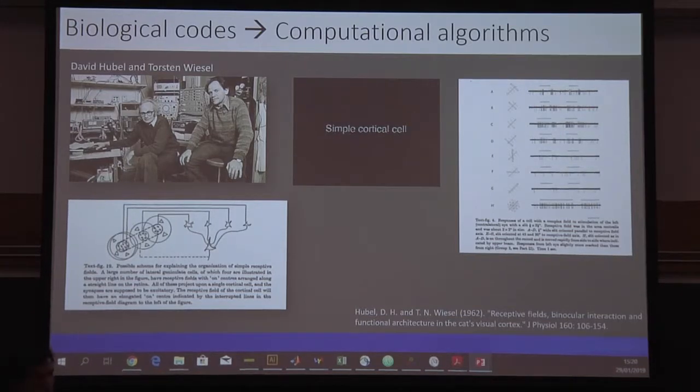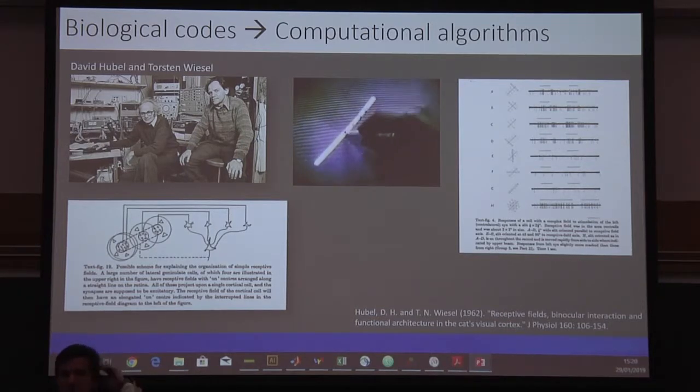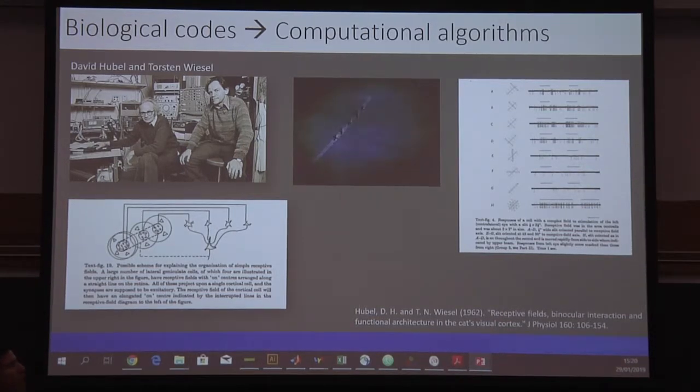So working first with cats, what they did was use a very small electrode that was inserted in the part of the brain called primary visual cortex, and they discovered that neurons in primary visual cortex perform pretty sophisticated computations.